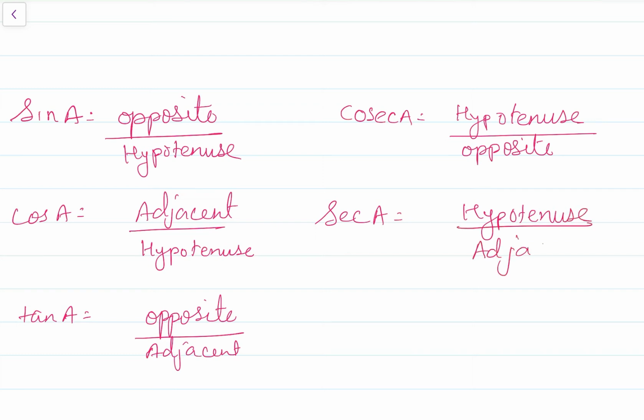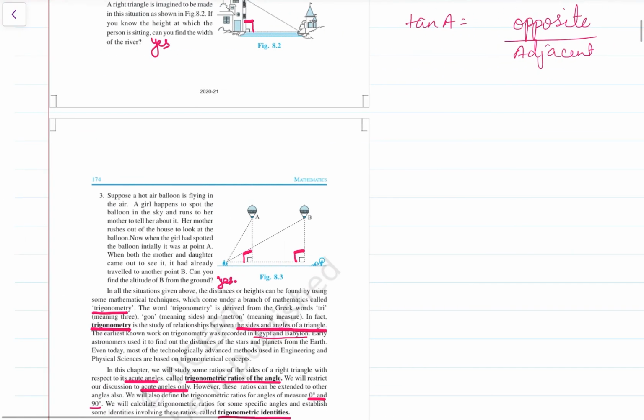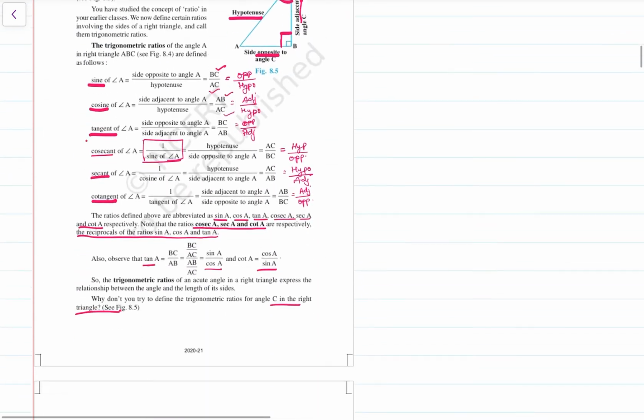This remains the same. The reference angle may change and the sides may change. And cot A is equal to adjacent upon opposite. So this is what you understand from the 6 trigonometric ratios, which is the base of this concept, trigonometry.